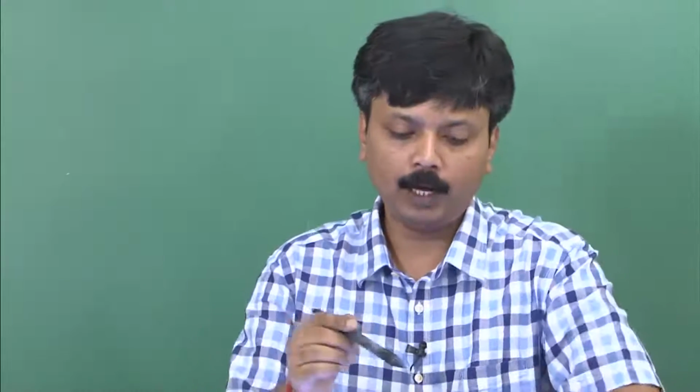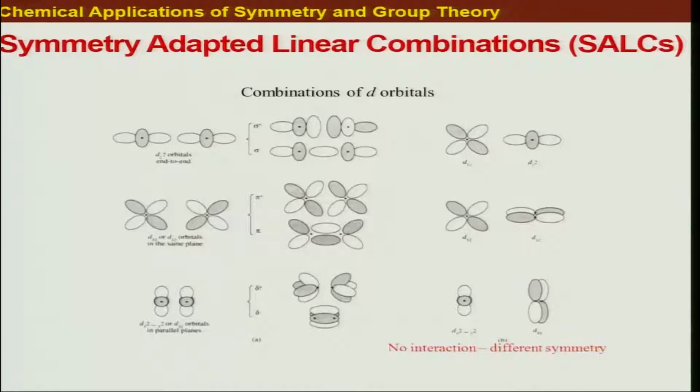For example, if we have a look at the pictures shown on the screen, two dz square orbitals can combine, which is symmetrically allowed, and they can give rise to two molecular orbitals like this, depending on which way they are combining.